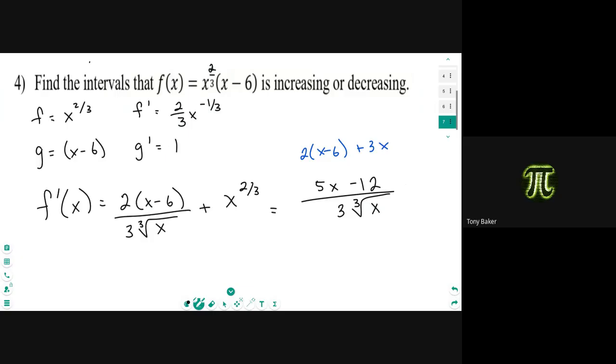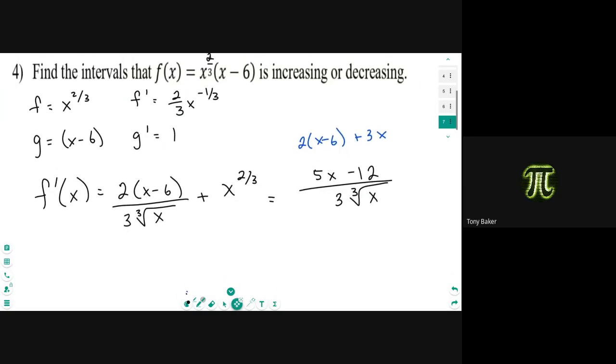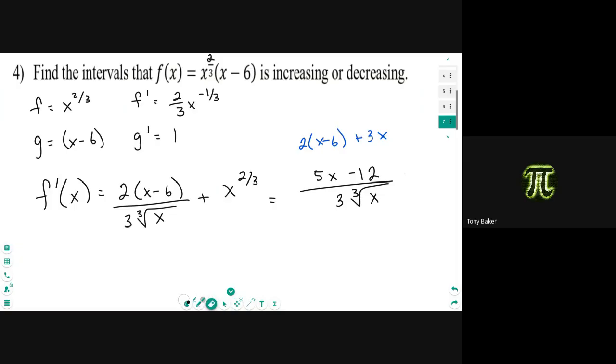So, where are my critical numbers? And this one's going to actually have the critical number where the derivative doesn't exist. What are my critical numbers for this one? We have 5x minus 12 equals 0, so x equals 12/5.